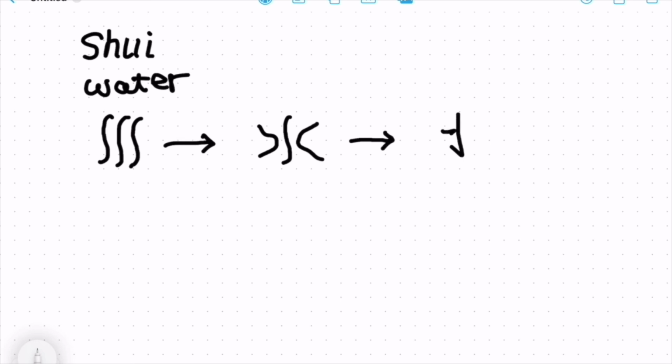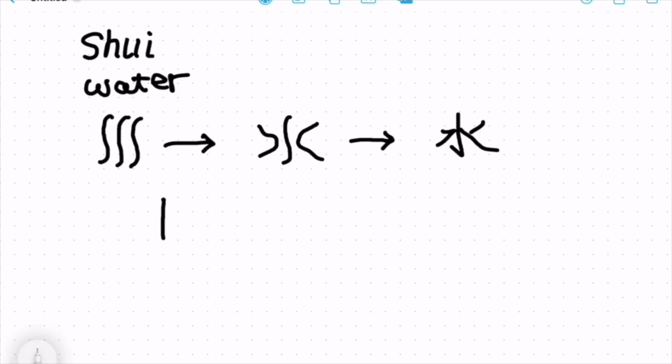And this is how you write water in Chinese. End of story. I will write 水 a few times so that you can see a pattern.